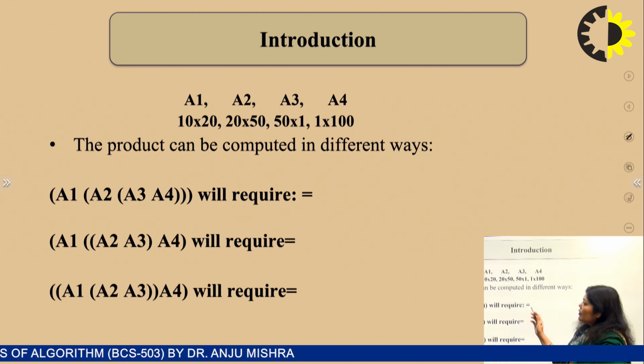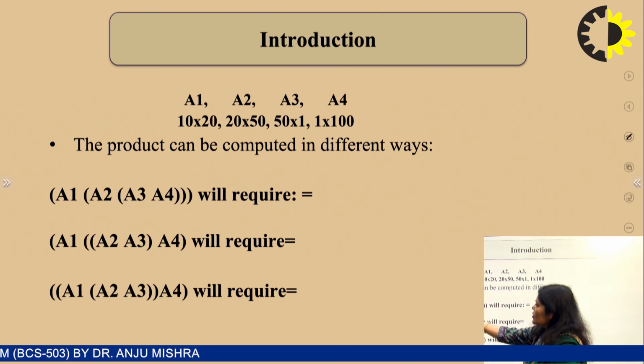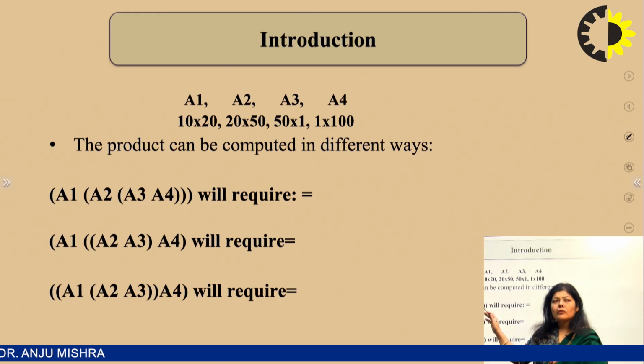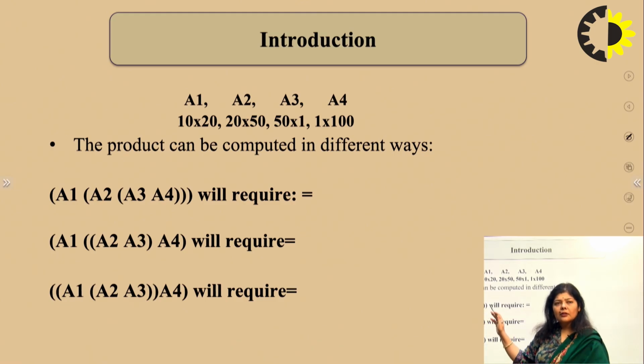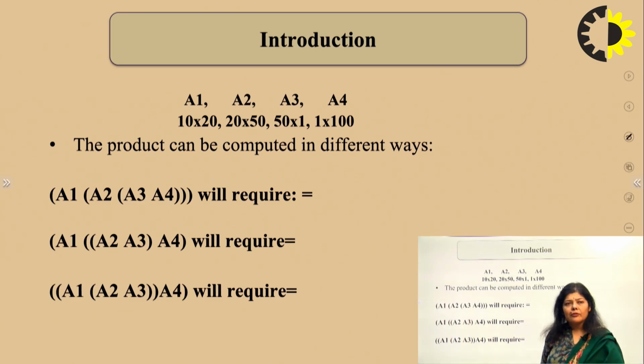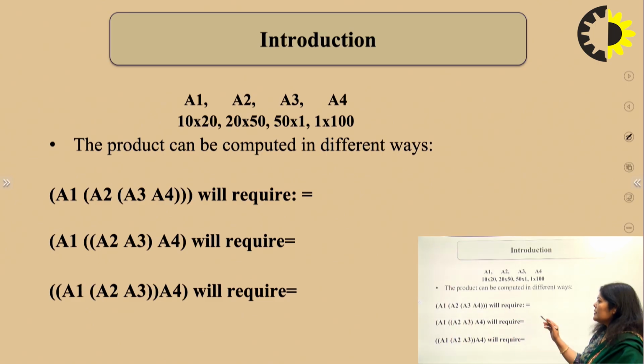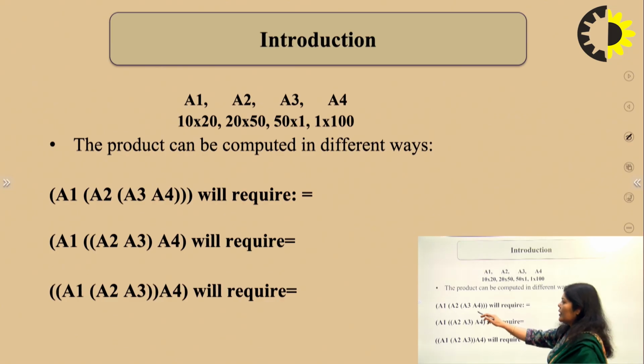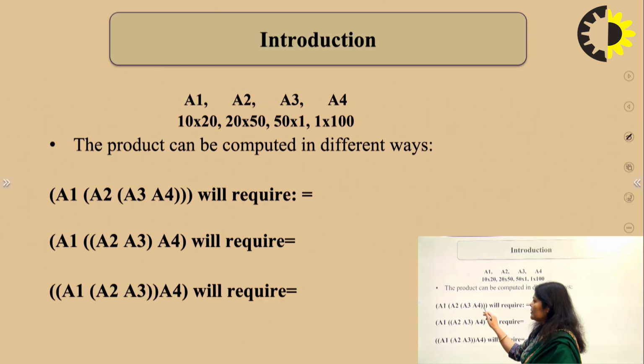Now, if I parenthesize this chain of matrices in this way, I need to find out how many total scalar multiplications I am going to perform. In the first way, I put a parenthesis around A3, A4.